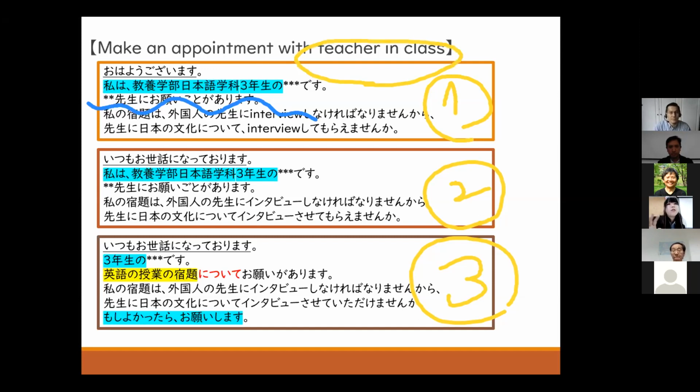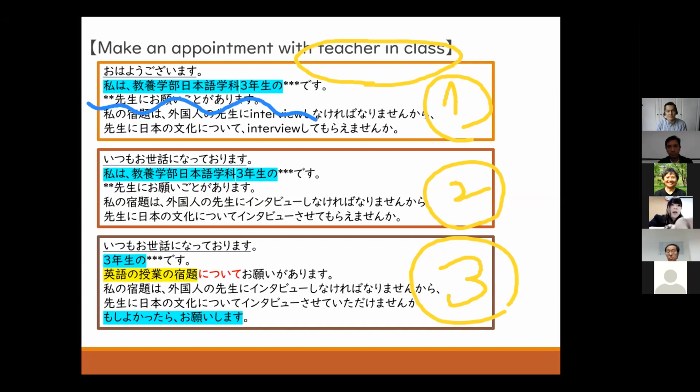So the student doesn't have to introduce themselves again and again. The teacher already knows she or he is a Japanese major student and a third-grade student. So actually the student doesn't have to say university and Japanese major student.